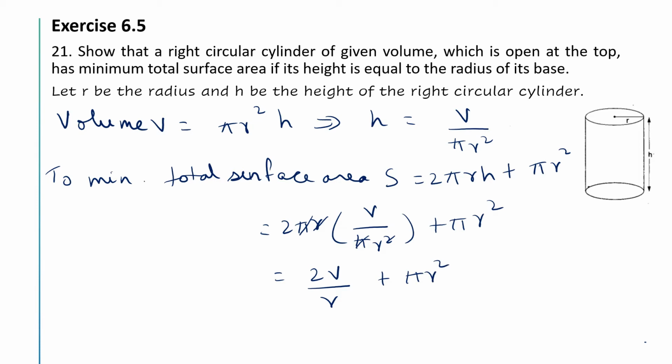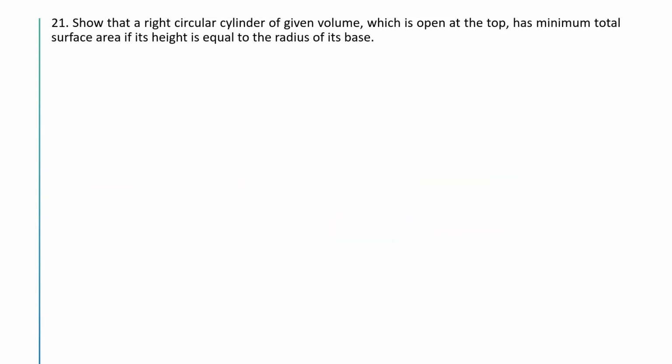Let me continue here. So to minimize the total surface area, we have to find dS by dR and then find the points at which dS by dR equals 0 and then find the points of local minima.